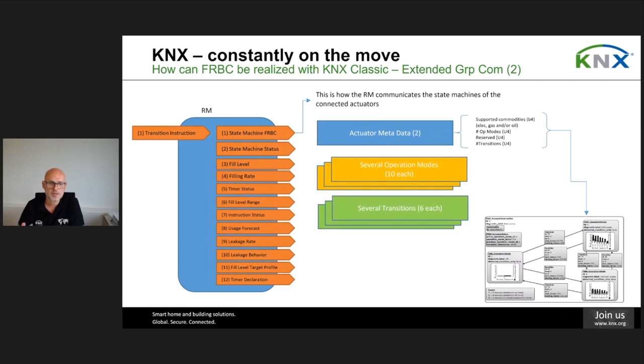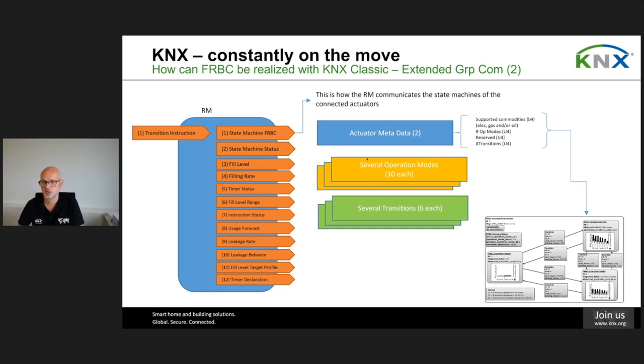So let's look at a couple of these data point types that we have newly designed. For instance, the fill rate based control needs to inform about the state machine. So the resource manager needs to use this data point to communicate about the state machines of the connected actuators.